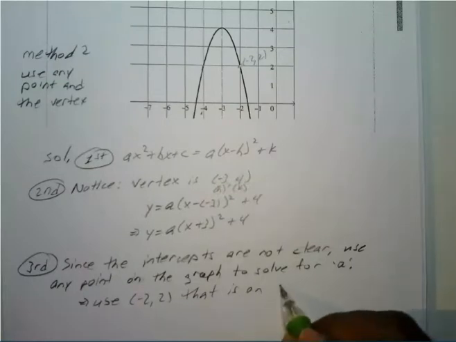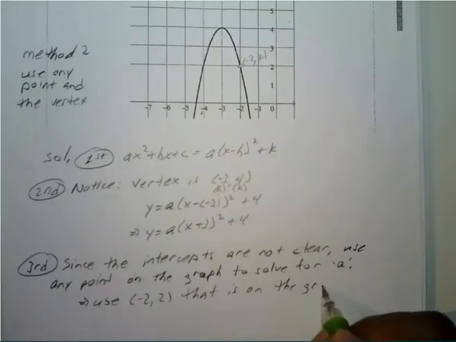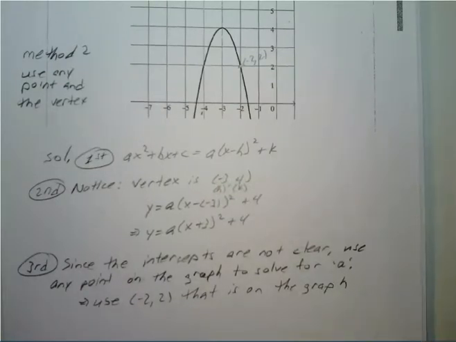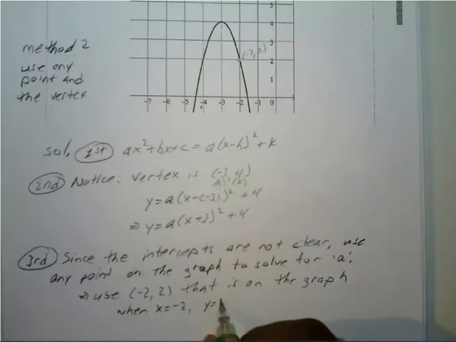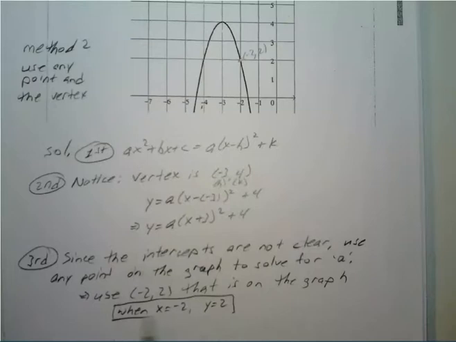That is on the graph. What this tells us is that when x equals -2, y equals 2. That's really all that point tells us.